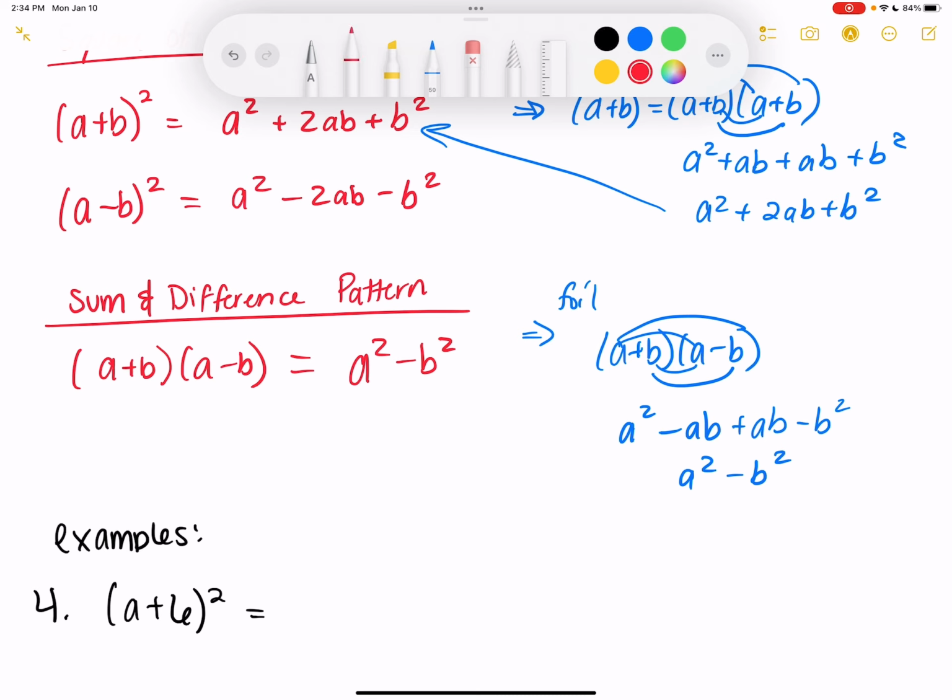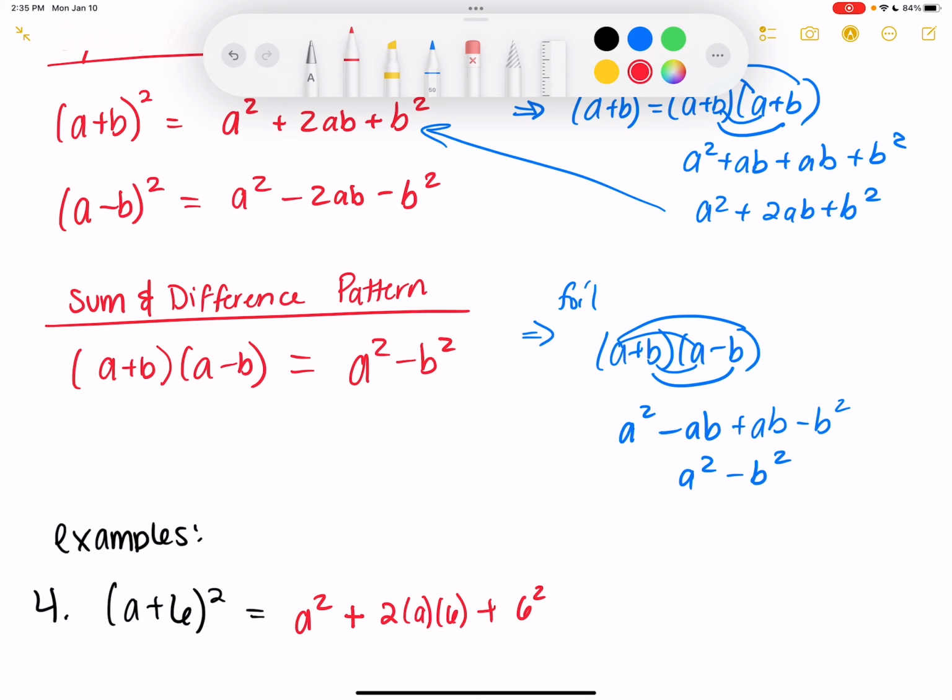So what this is going to look like is we're going to copy down the a squared, okay, since this sign is positive, this second term is going to be positive. And then it's 2 times a times b, so it's going to be 2 times a times 6, plus b squared, so it's going to be 6 squared.